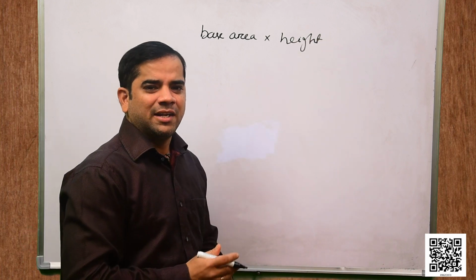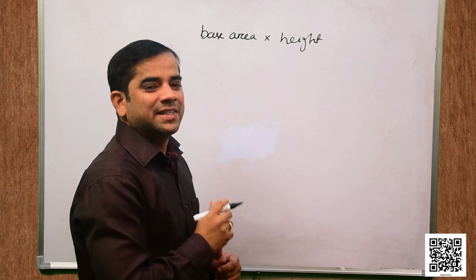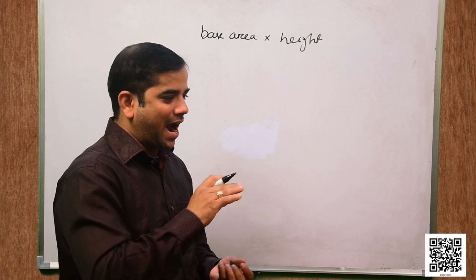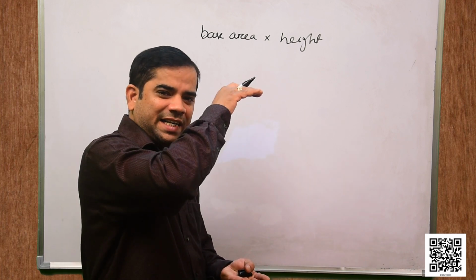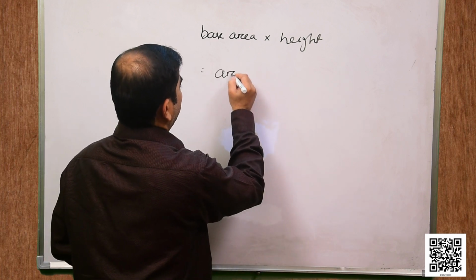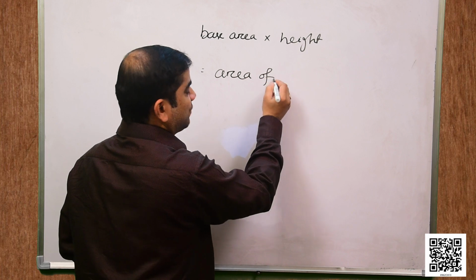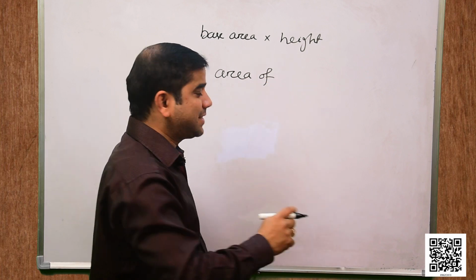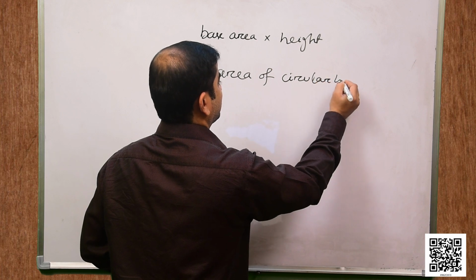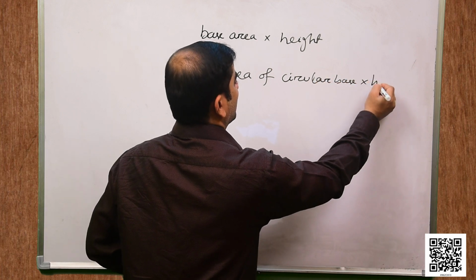Because they are of same size, all the circles have same area and they are covering a distance or a height. So, area of a circular base into height.